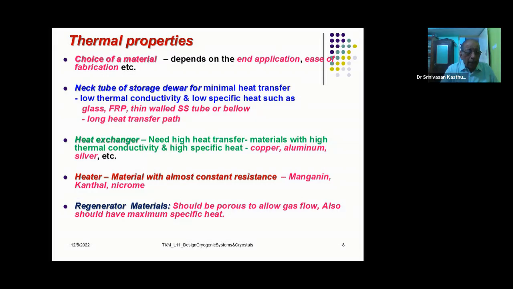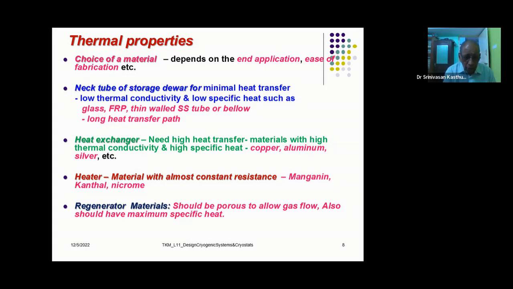If I want to make a heat exchanger, this again requires materials like copper, aluminum, silver, etc., which allow high heat transfer. They have high thermal conductivity and high specific heats, so they are required for such purposes. Suppose I want to make a heater. The heater should have almost constant resistance over the entire temperature range.